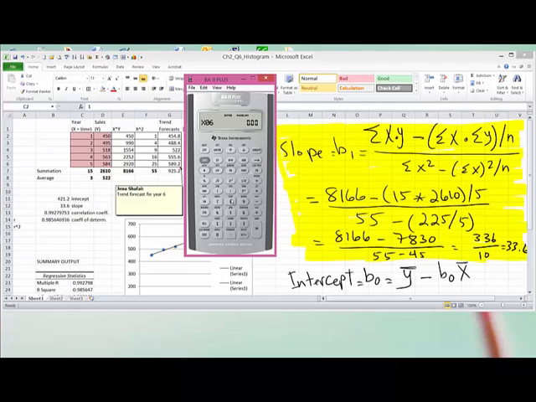Now I go to the stat function. Do you see that above key 8 it says stat?